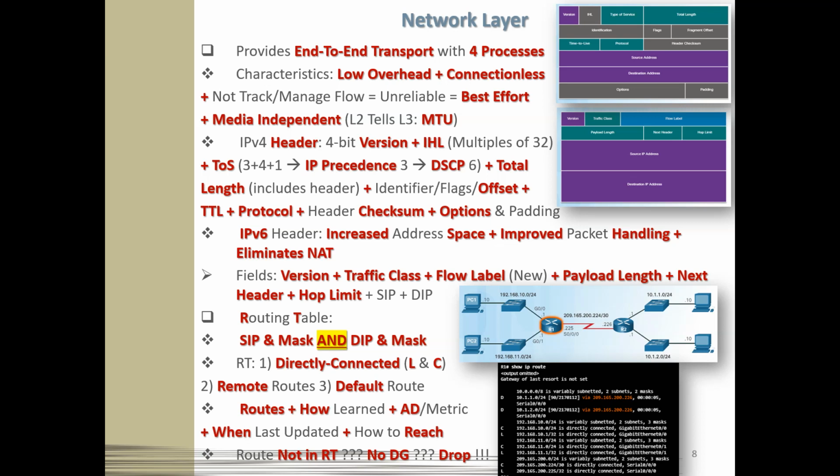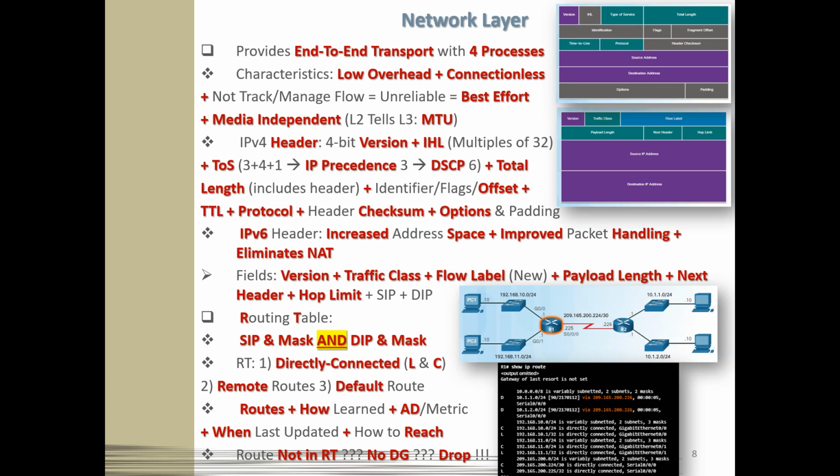So layer 3 does have MTU for packets, for its PDUs, called packets. And maximum transmission unit, MTU, is determined by layer 2. So layer 2 tells layer 3 MTU and its value. So network layer is media independent. However, it does have MTU that is determined by layer 2.